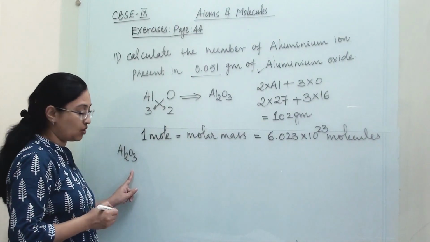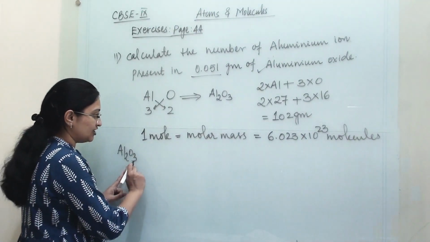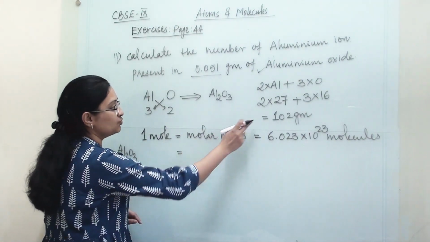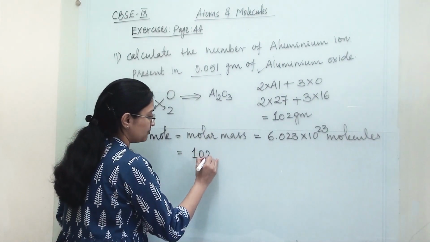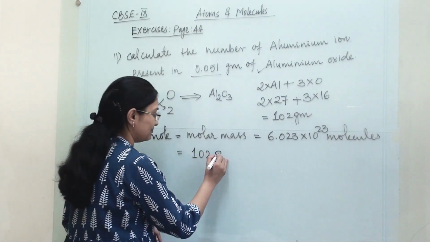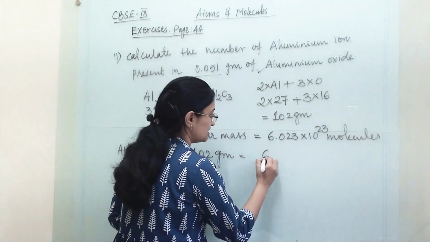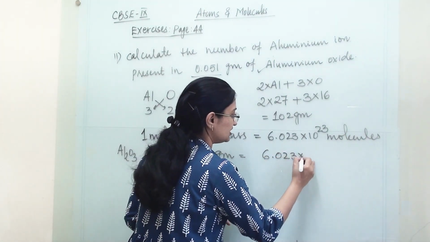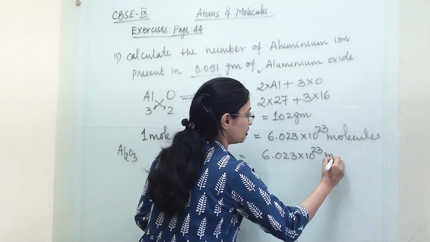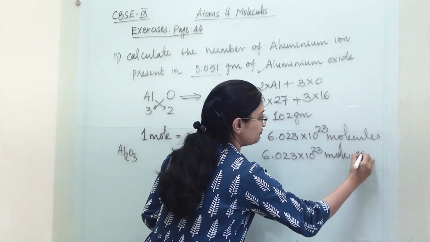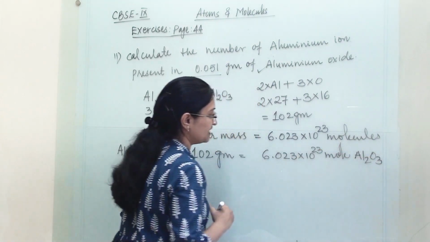So 1 mole of aluminium oxide equals its molar mass, 102 gram. Then in that how many molecules are present? 6.023 × 10^23 molecules of Al2O3 are there.